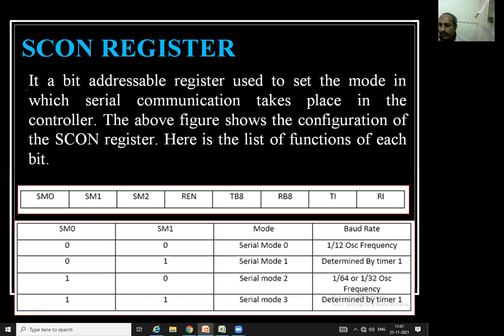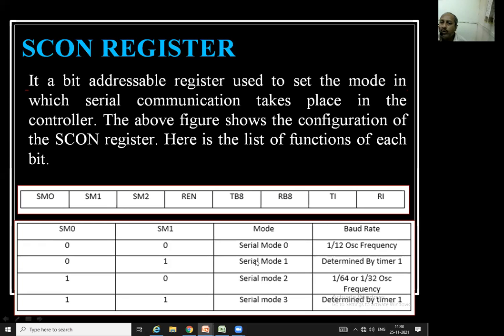So for mode 0, it is 1/12 of the oscillator frequency, that is, one twelfth of the oscillator frequency decides the baud rate of serial communication for mode 0. And the same thing for mode 2, it might be 1/32 or 1/64.